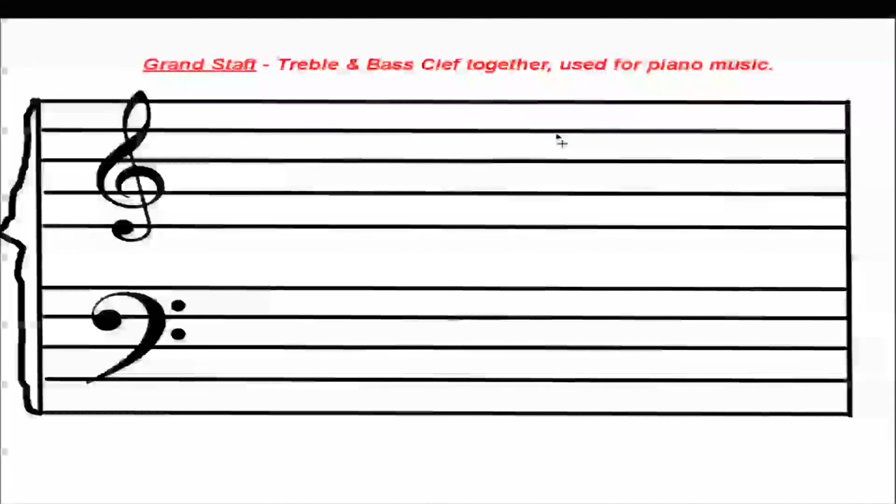And this is used for piano music because the piano has such a large range. You need to be able to play in both clefs, whereas a tuba can't play up in the treble clef, and a female singer can't sing way down here in the bass clef, and so you only need one clef for a single instrument. But for the piano you need both clefs, and so this, when they're put together, is called the grand staff.